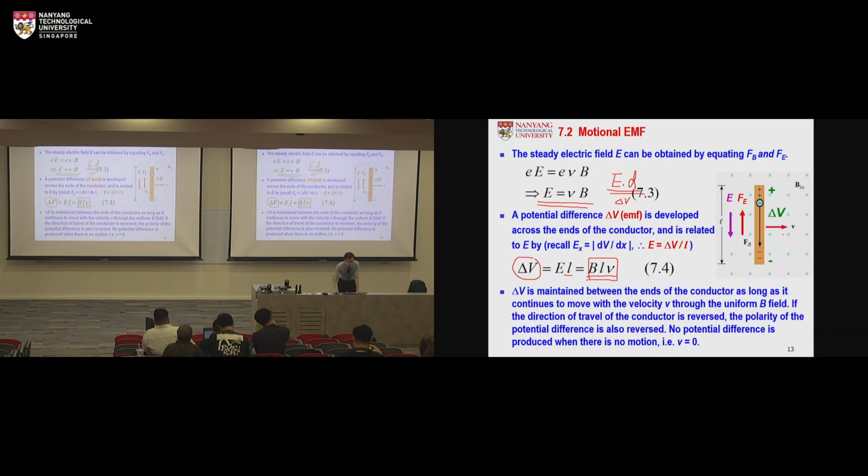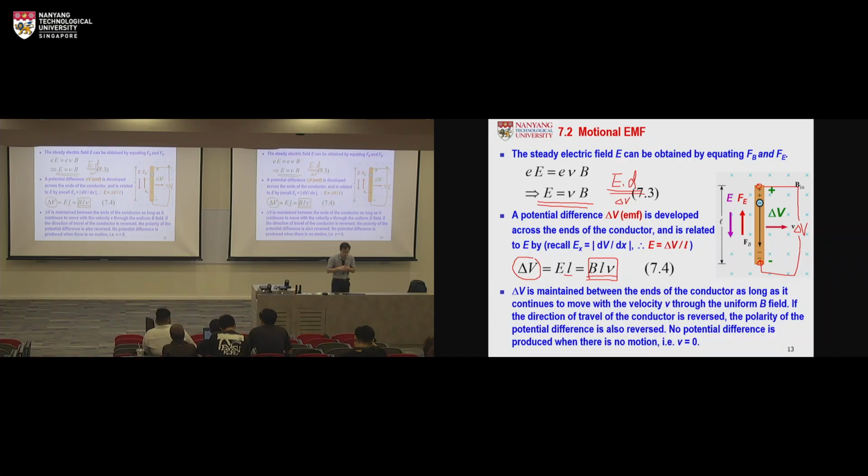The so-called delta V in this case basically is the potential difference between these two ends. Here is the so-called delta V, the potential difference between the upper end and the lower end, right, given by this BLV. Right. And this is the so-called motional EMF.